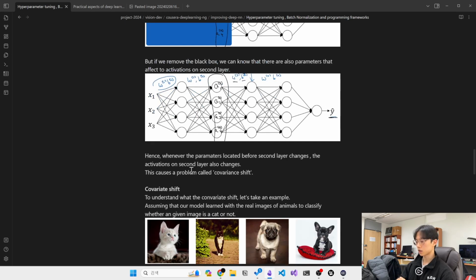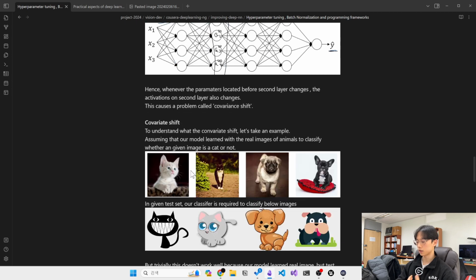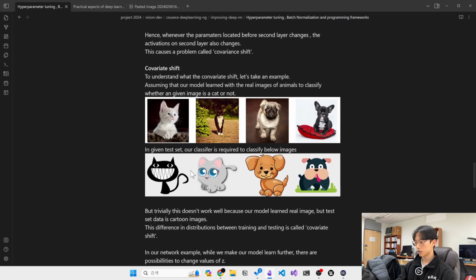This is called covariate shift, and it can be explained with this example. We train the model with various real photos of animals, and we want to classify whether an image is a cat or not.